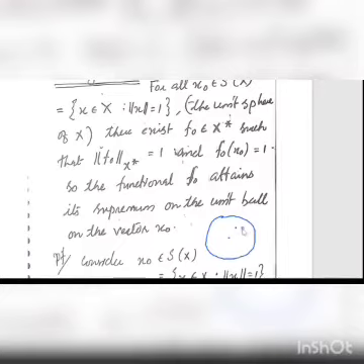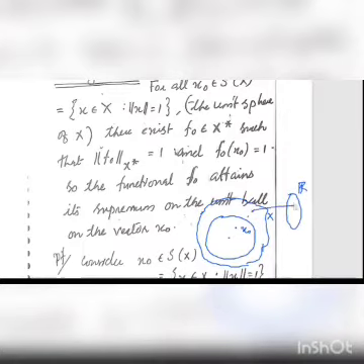Now here you have got an x naught, then there exists an f naught belongs to x star. You have got something like this. You are having an x over here, so this is your x. Now from x to your real line, you are having an x star. So here we have got an f naught.